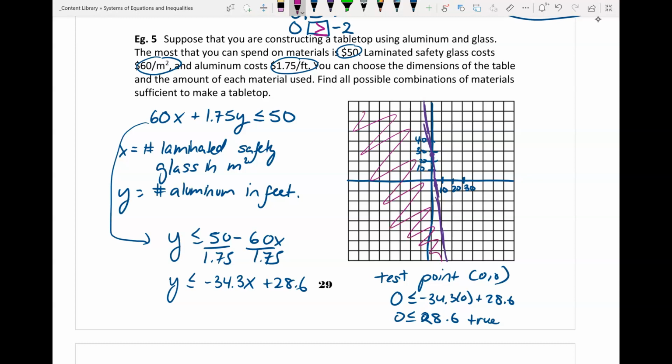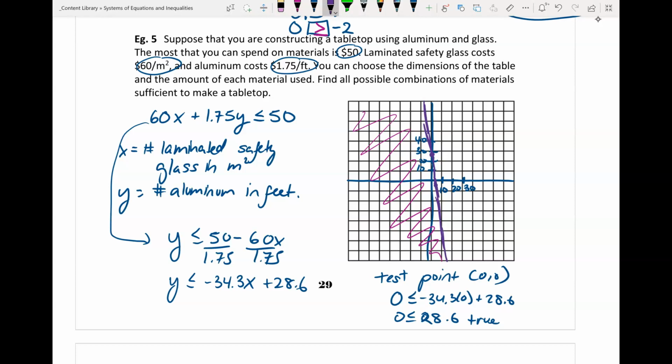But be careful to state that as your final answer. Think about what we're actually calculating here. We are calculating the number of laminated safety glass we have in meters squared. So this has to be a positive number. And then your y has to be positive too, because we're looking at the number of aluminum we have in feet.